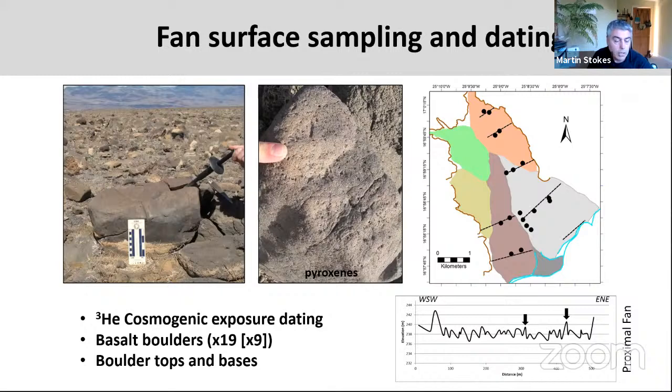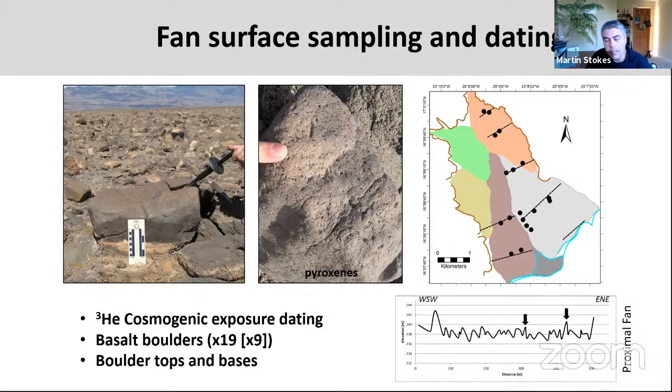So you crush those and sieve them, and we pick the pyroxenes, and then there are some simple cleaning steps, and then you measure them in a straightforward mass spectrometer as opposed to an atomic mass spectrometer with the more typically applied beryllium and aluminium decay isotopes. So it's quite a nice cosmogenic isotope to use in this particular instance.